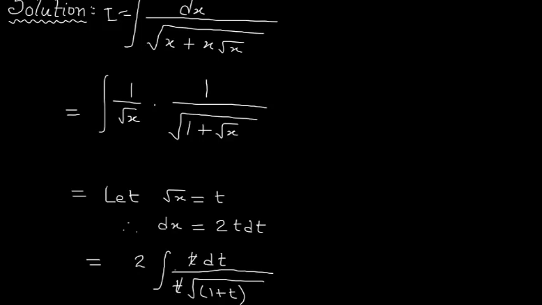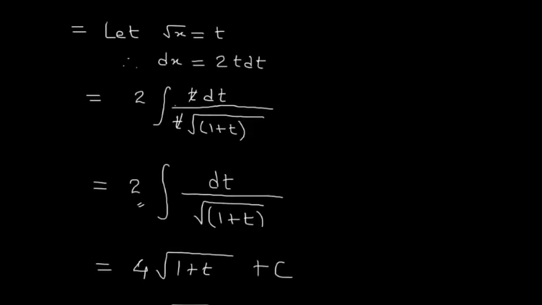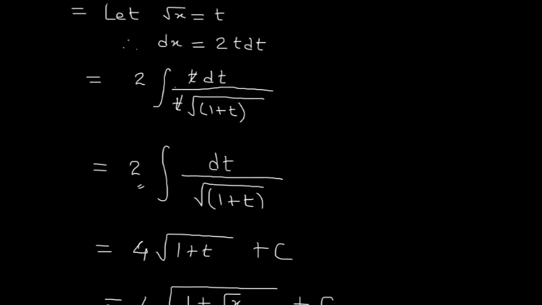Now, putting the value, we get 2 integration of 2t dt upon t under root 1 plus t.